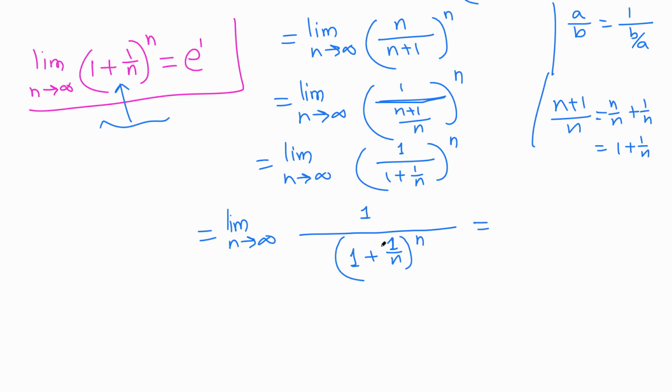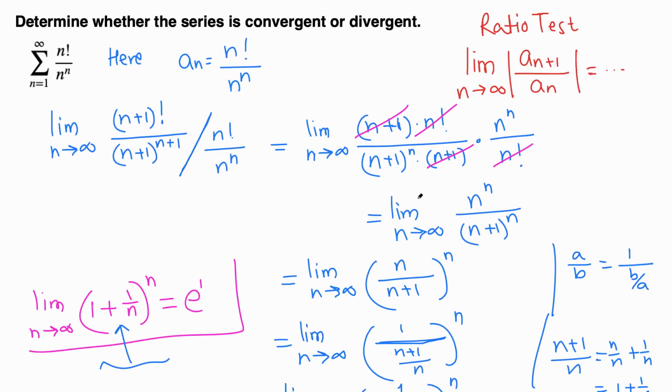So when we take this limit, it is 1 over e raised to 1, and e is about 2.7. 1 divided by 2.7 is less than 1. So this limit is less than 1, which means the given series converges.